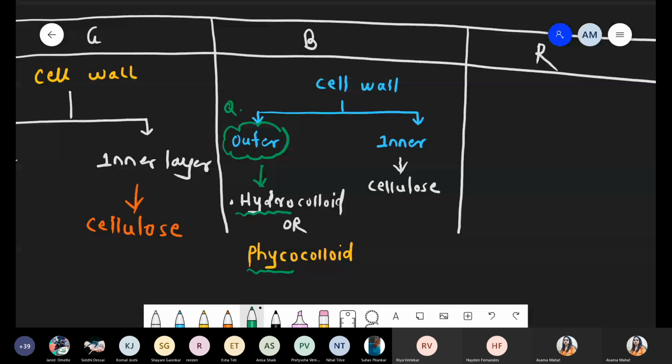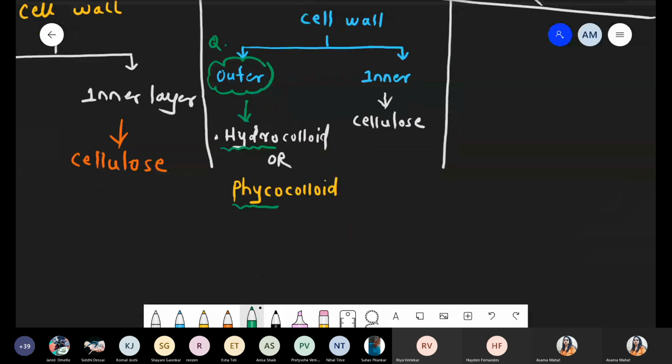So what is the meaning of phycocolloid or hydrocolloid? Please write this down in the margin. It is a specific type of material that has good water holding capacity.